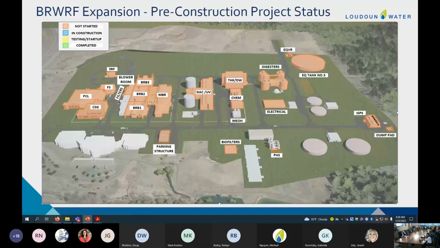Okay, so now we're going to get into the expansion project and take a look at the status of the work. What I've got up is my colored graphic, which shows the pre-construction project status. So we're rolling back the clock to August of 2020, pre-construction. Everything on this graphic is not started.